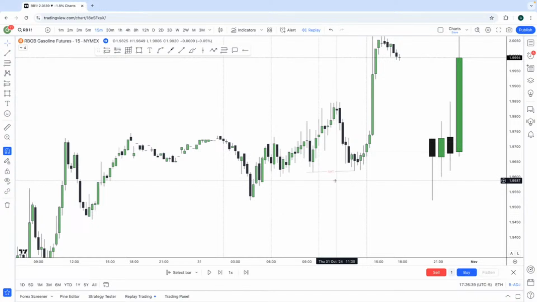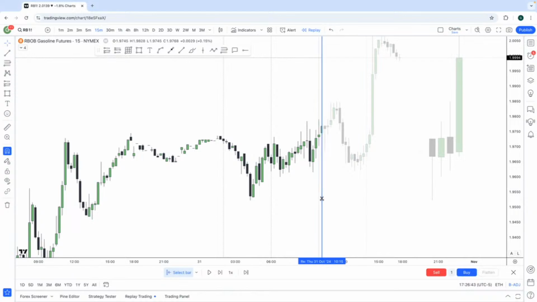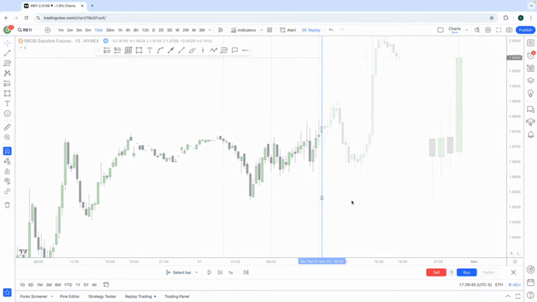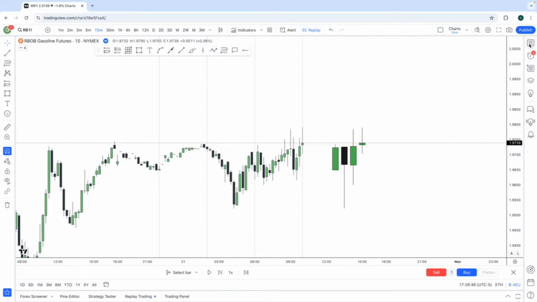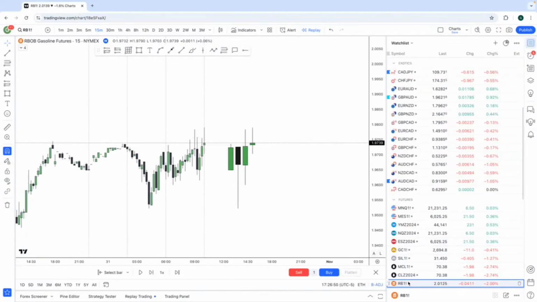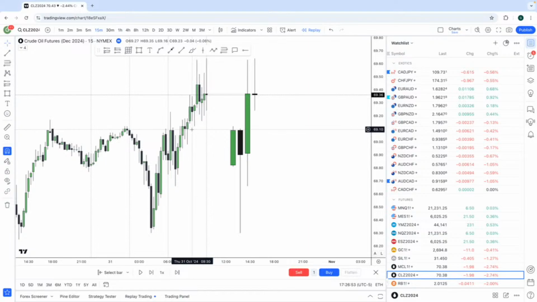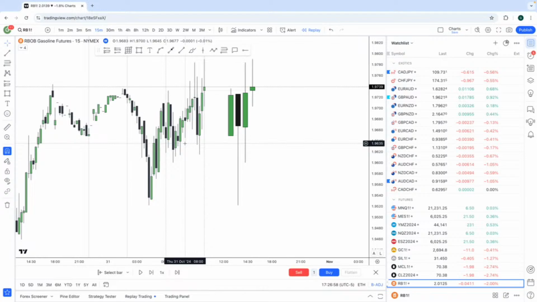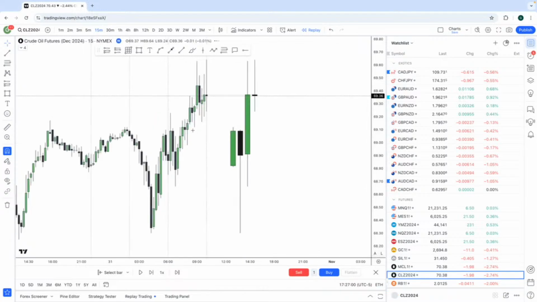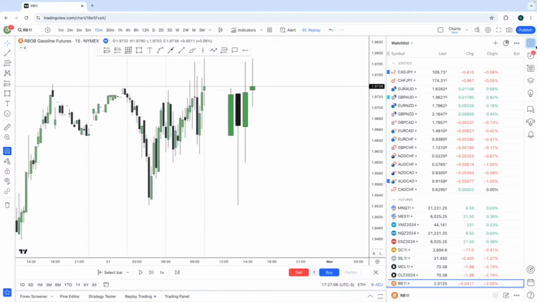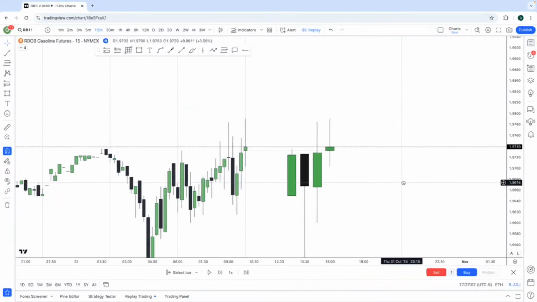I think it's actually earlier in the day. Oh, it's right here. I'm capping. There's SMT somewhere there. I think it's right here. 8 o'clock. Okay, here it is. Technically I'm trading the weaker asset, creating the lower low.